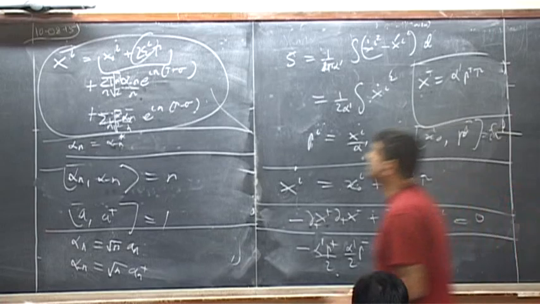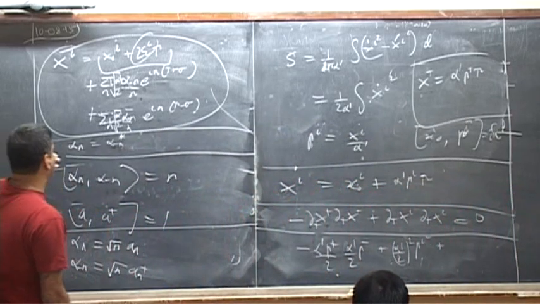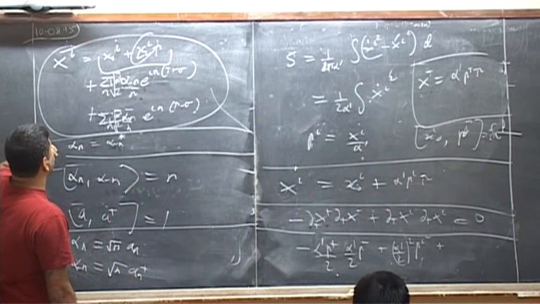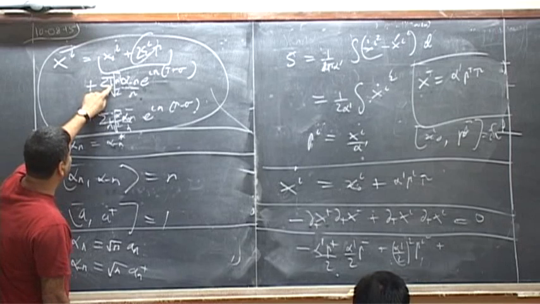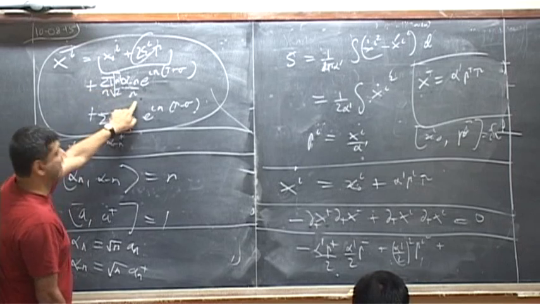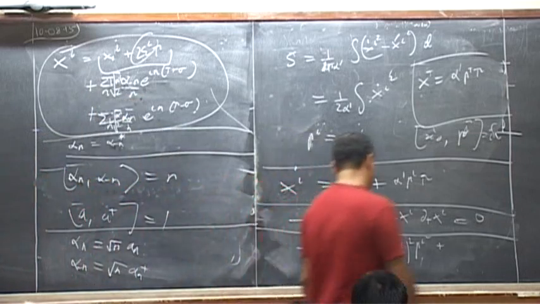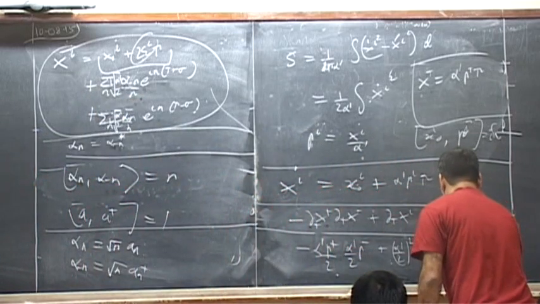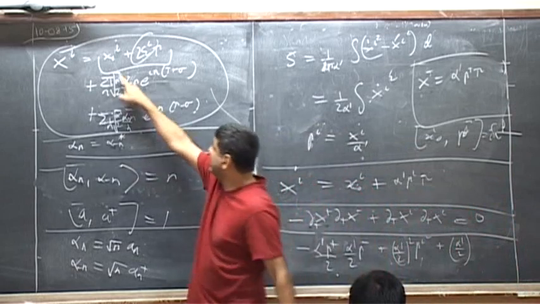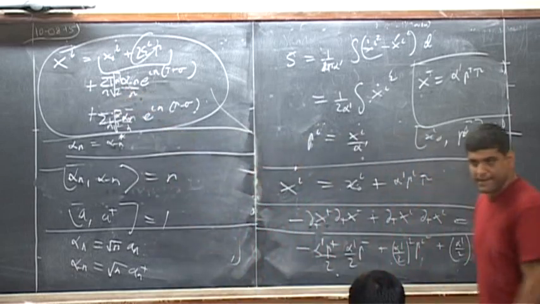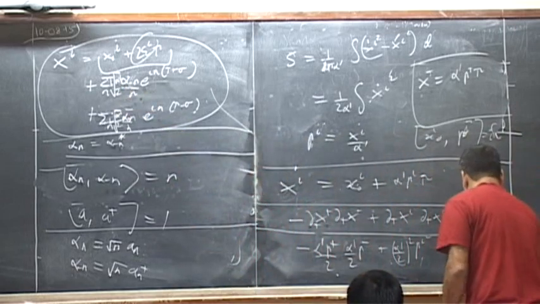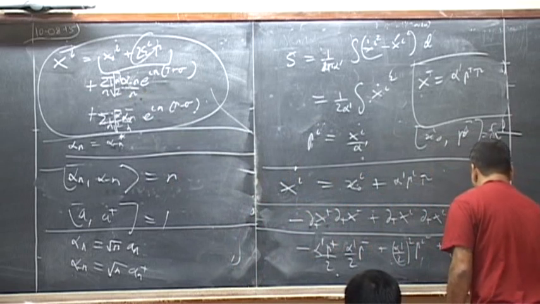The i and the n and minus n will give us no sign. So plus alpha prime by 2 because of this stuff, alpha minus n, alpha n.